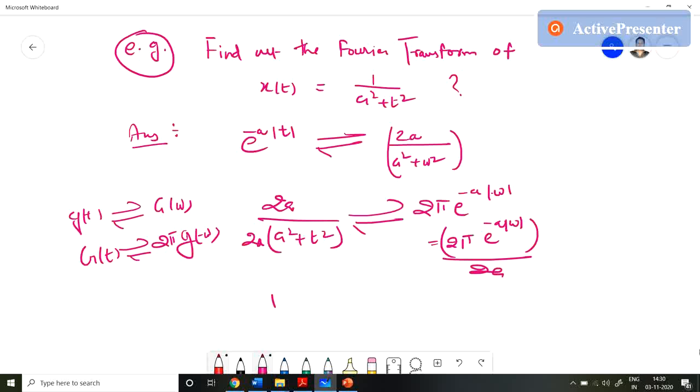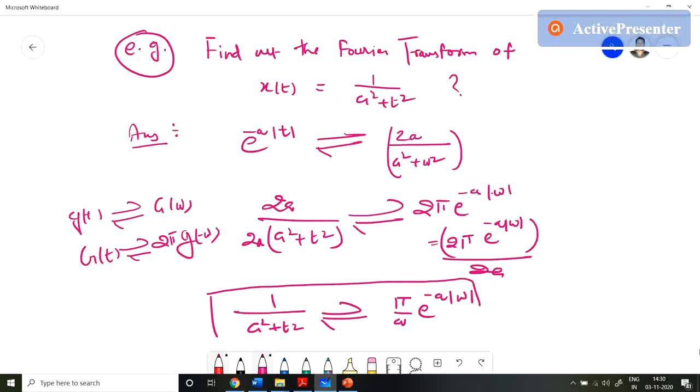We will get 1 divided by a square plus t square has the Fourier transform equal to pi divided by a, e raised to the power minus a modulus omega.